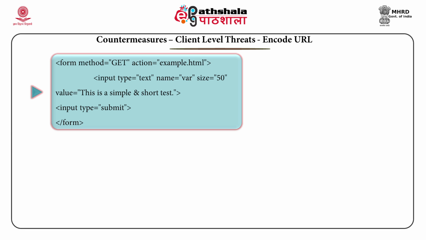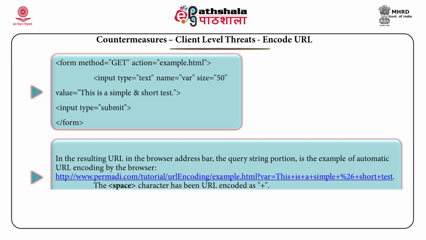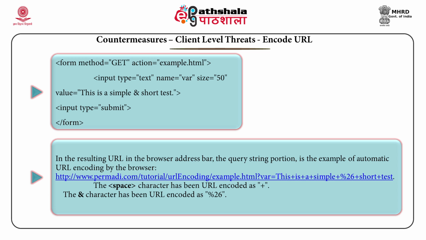So the parameter passed would be part of the URL. We passed a parameter called name. This is a simple and short test. So if you check how the URL is formed, this plus is plus a plus simple plus %26 plus short plus test.